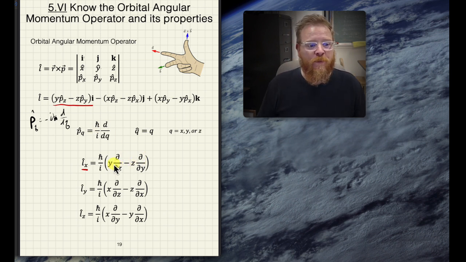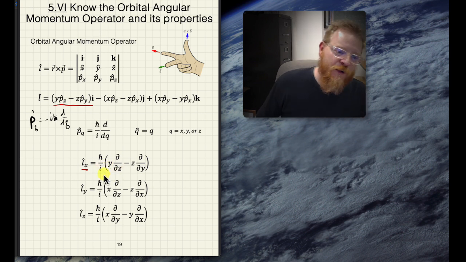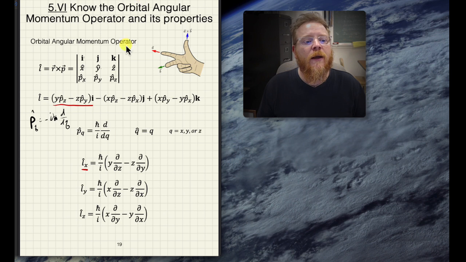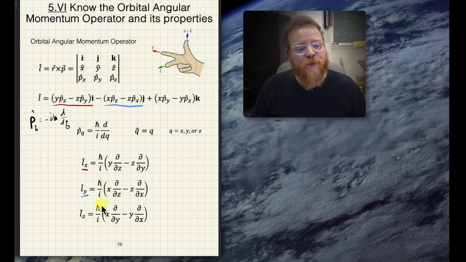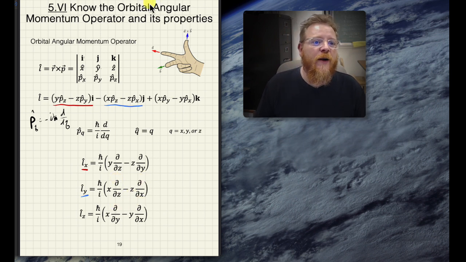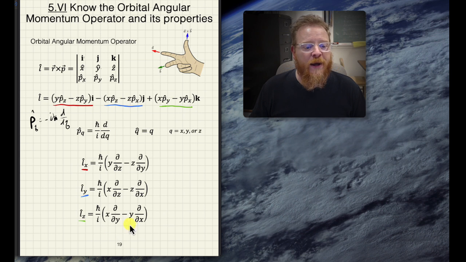Remember, that would normally be y times h bar over i times d/dz, but we factored out the h bar over i. I can highlight the j vector, which is our y component, given by h bar over i times x d/dz minus z d/dx. And then finally, I can note my z dimension right here, given by x d/dy minus y d/dx.